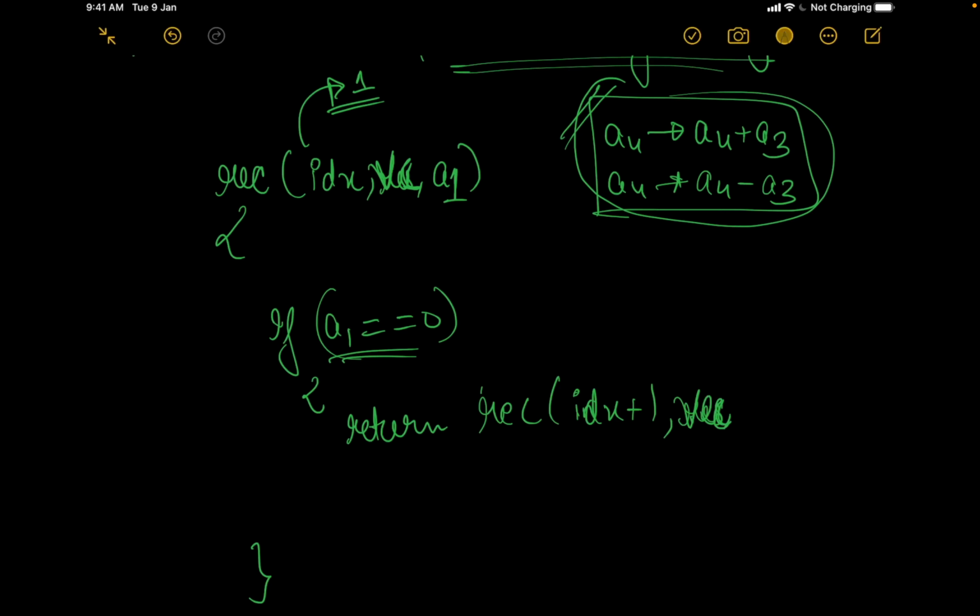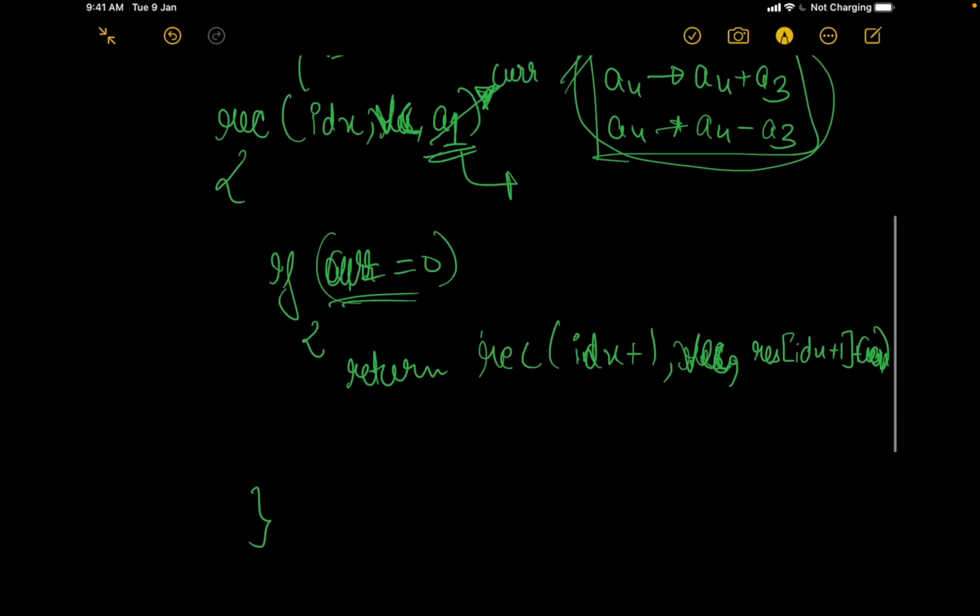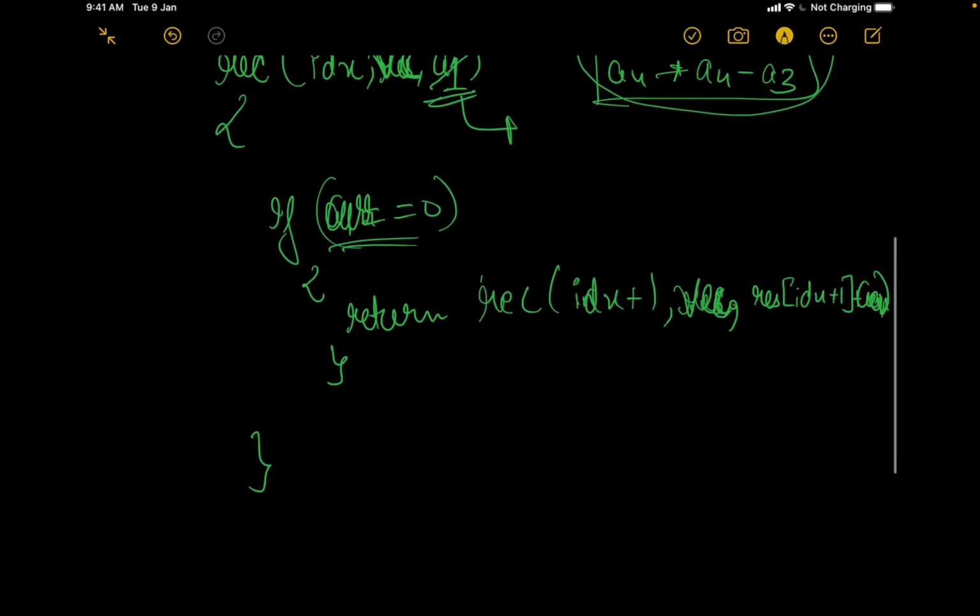And then here we have the values. The values would be rest of index plus 1. You can actually add current here, but that won't matter. Let's give a generic name to a1 itself and call it current. If current is 0, we can add current here, but if we add 0 to anything it remains the same, so that doesn't matter.